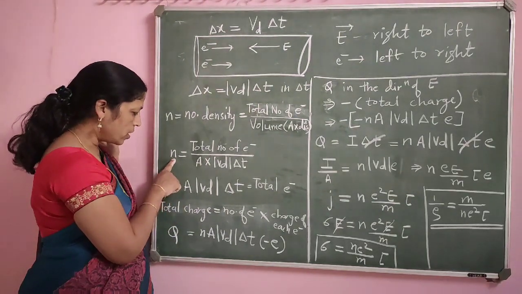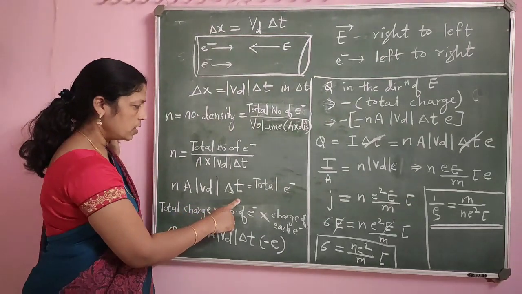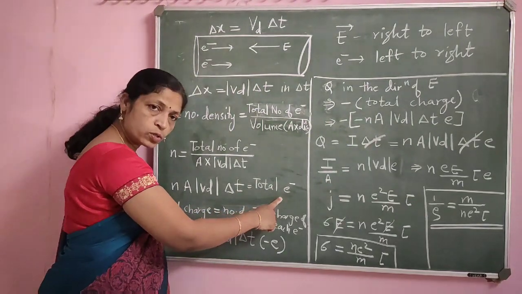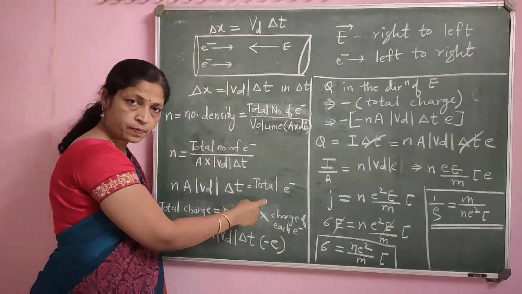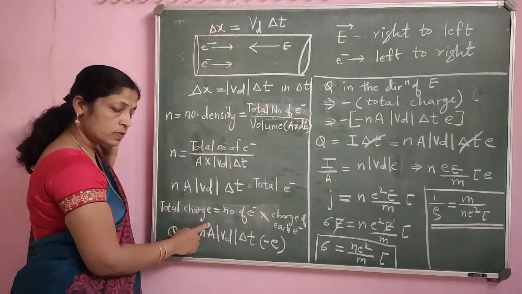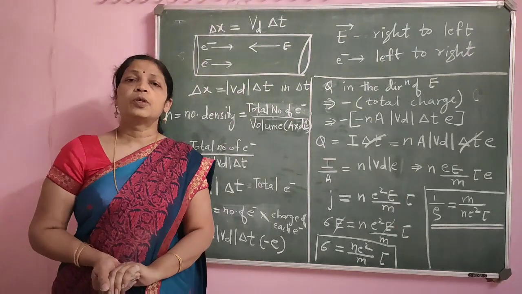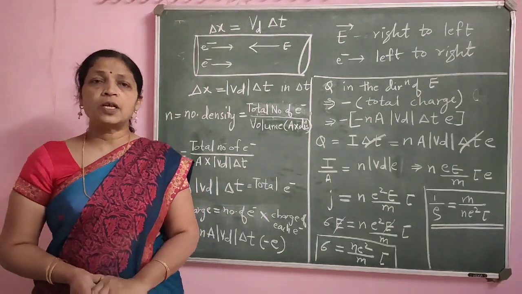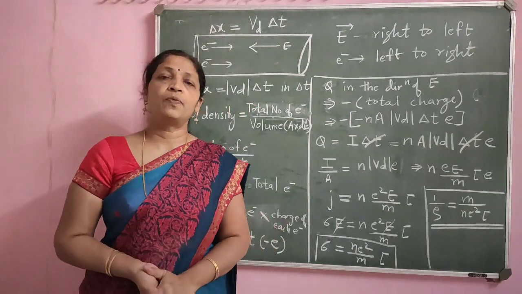So n A Vd delta t is the total number of electrons which are flowing in interval delta t. What is the total charge? Total charge we have studied in 10th class also. Q, the total charge, equals the number of electrons multiplied by the charge of each electron.